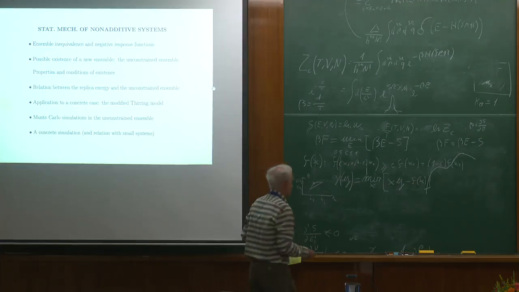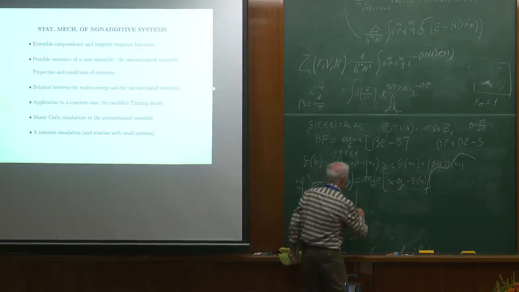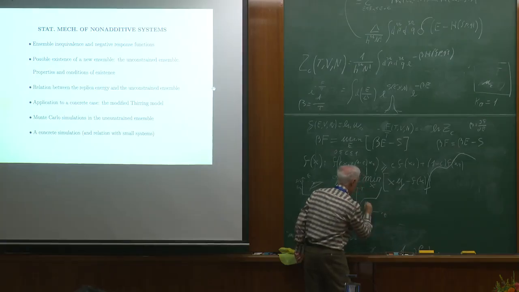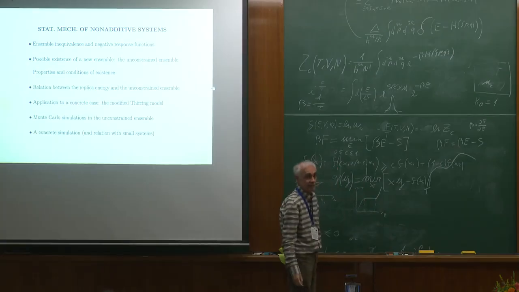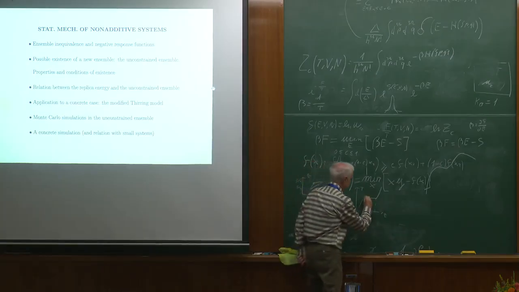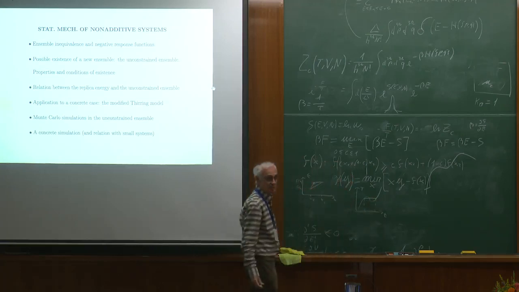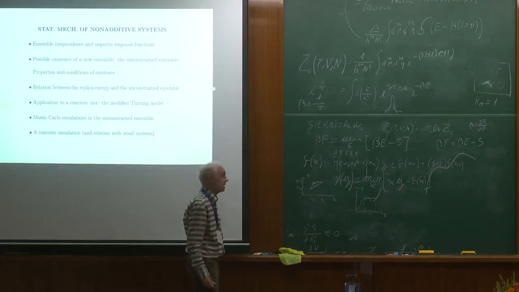As we saw when you do the Maxwell construction, the system has to jump. That means that this range of energy in the canonical ensemble is forbidden, while in the microcanonical it can easily come in. Since the system is isolated, nothing prevents the system from having those energies.